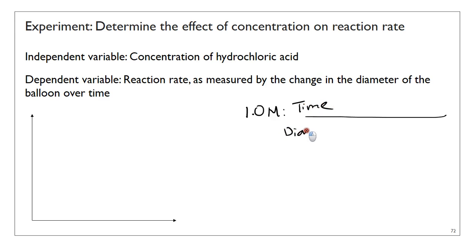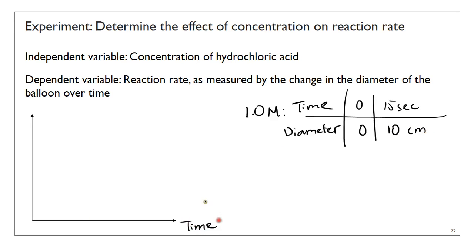You have to start at 0, 0, and then maybe at 15 seconds it really depends on what the reaction mixture is, but maybe 10 centimeters, and so on and so forth. When you draw the graph, time will be the horizontal axis and the diameter will be the vertical axis. And what you're going to see is that it's going to increase.